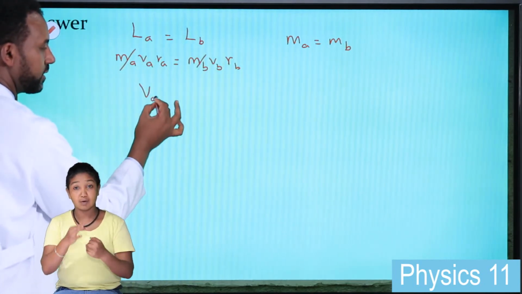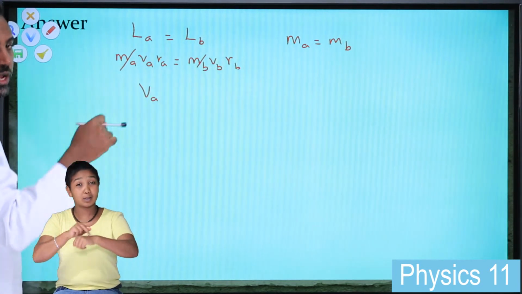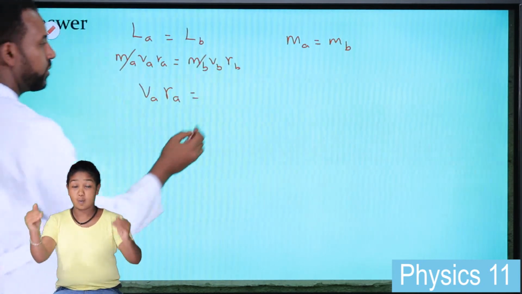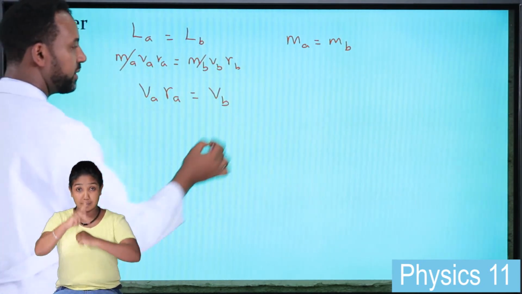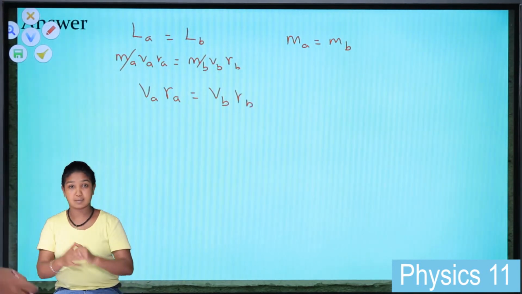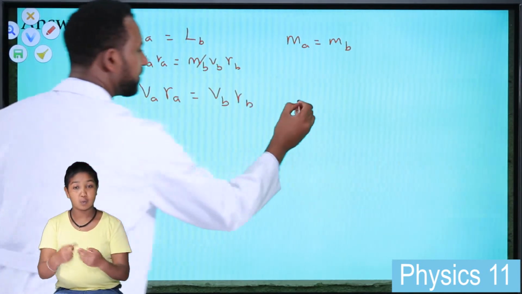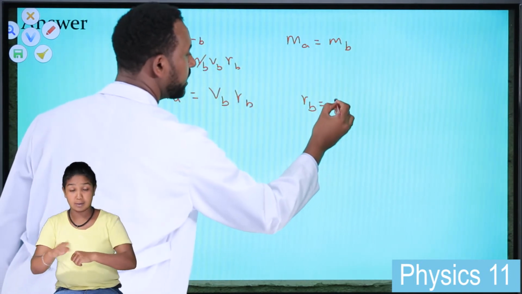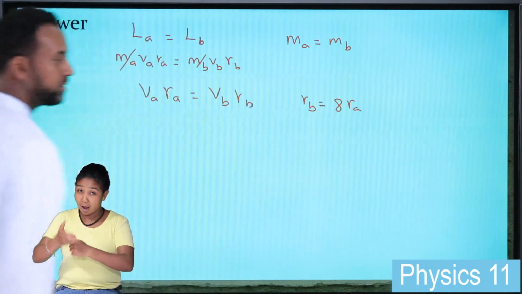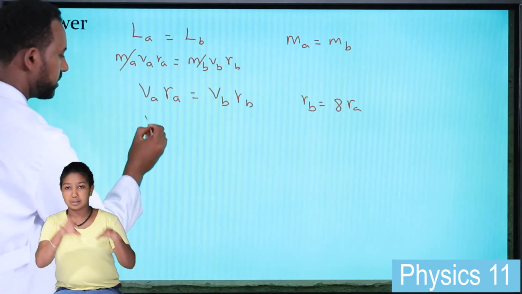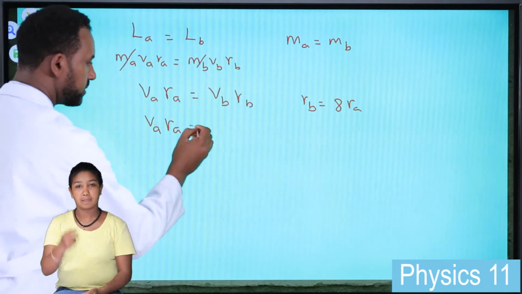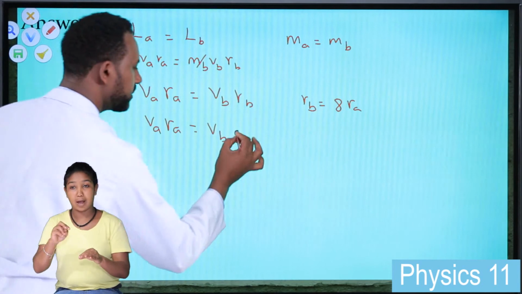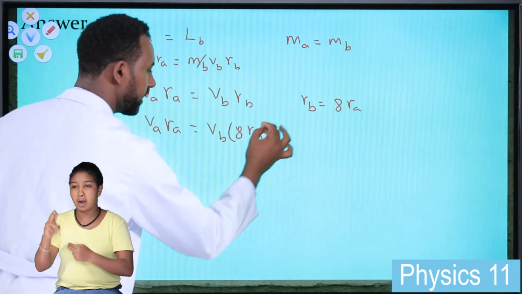The velocity of the planet at point A times radius A is equal to the velocity of the planet at point B times radius B. Therefore, we have a relation that the radius at location B is 8 times the radius at point A. So you can substitute: v_A r_A is equal to v_B times 8 r_A.